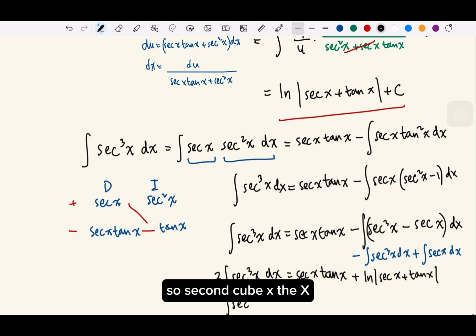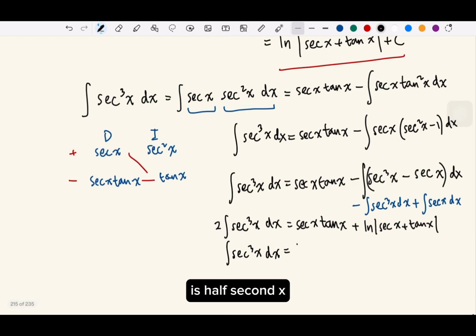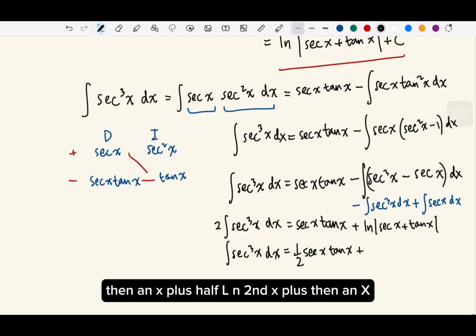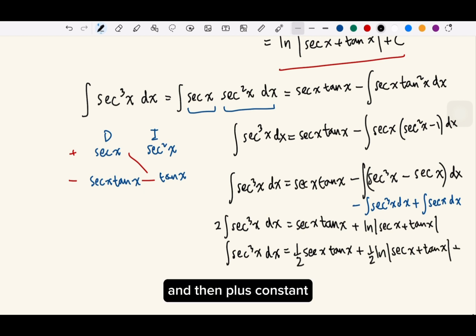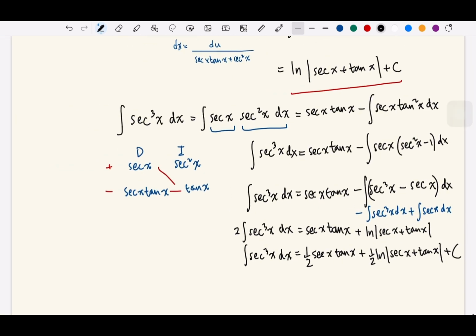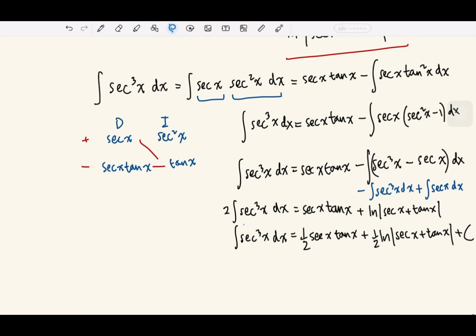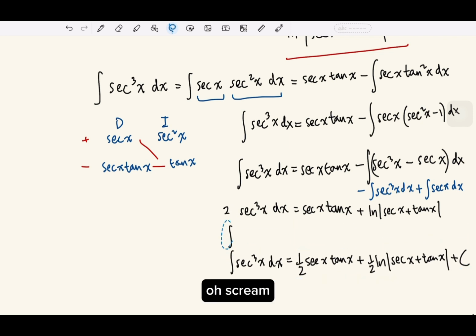So the integral of secant cube x dx is half secant x tangent x plus half ln secant x plus tangent x, and then plus a constant.